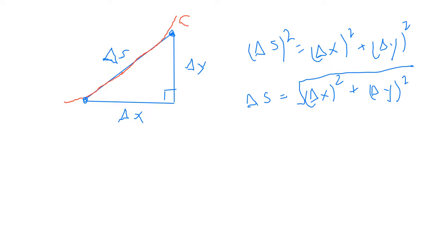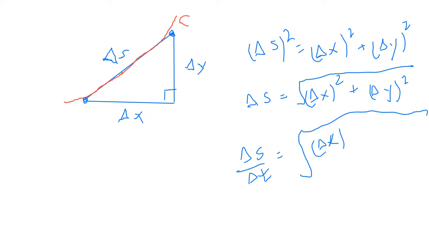I mean, this is absolutely true. And we could say that delta S over delta T is equal to the square root of delta X squared plus delta Y squared, all over delta T. Okay, but delta T can be written as the square root of delta T squared.